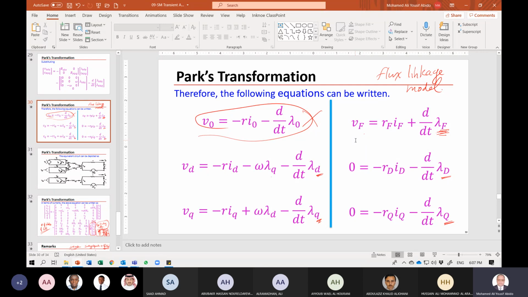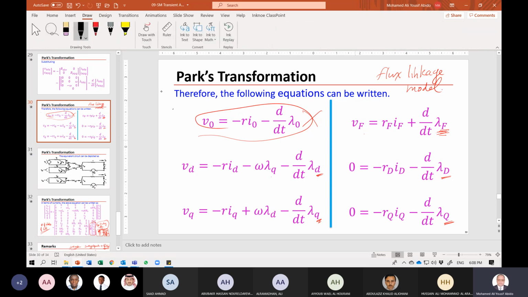For example, in transient stability, you need one cycle after the fault. In this case, the time constant of the field, which is called T'do, could be about 6 seconds.